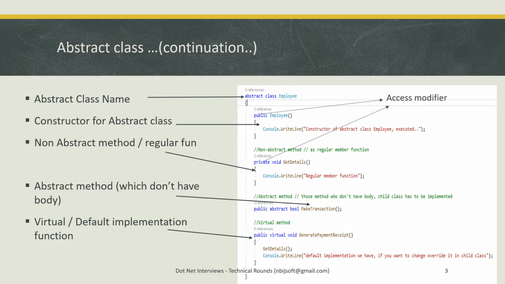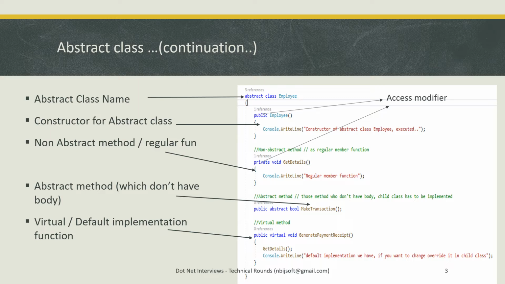We'll discuss it line by line. Any class, as we know, has a constructor. Again, if it's an abstract class, it should have at least one abstract method.